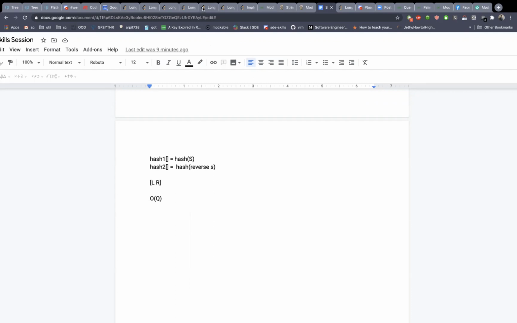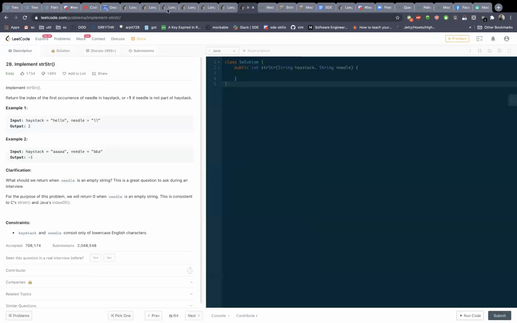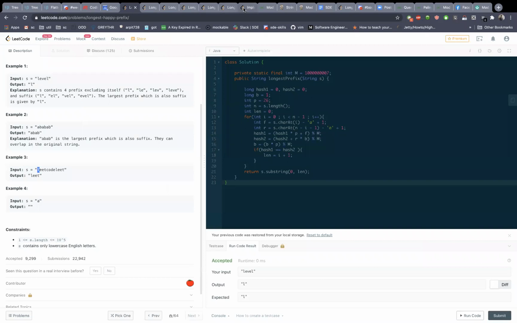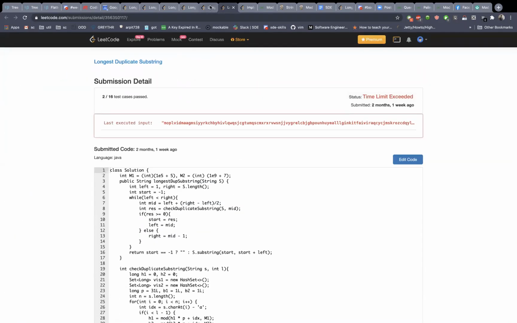In fact, there is one problem as well that I can share and you can try out. In that, we need 2 hashes to solve the problem. That's the place from where I learned this double hashing thing, which I mentioned 2-3 times. Longest duplicate substring, yeah, this is the problem.